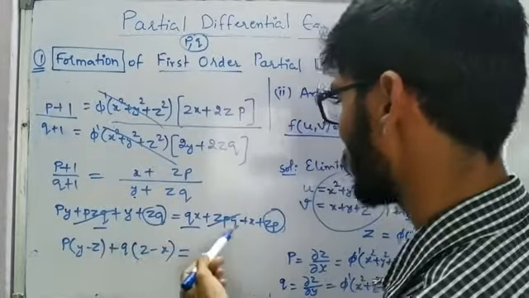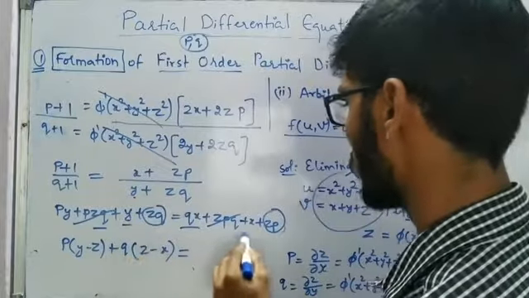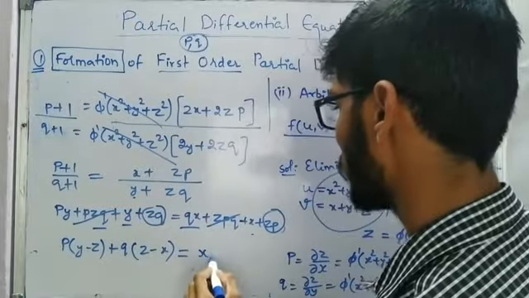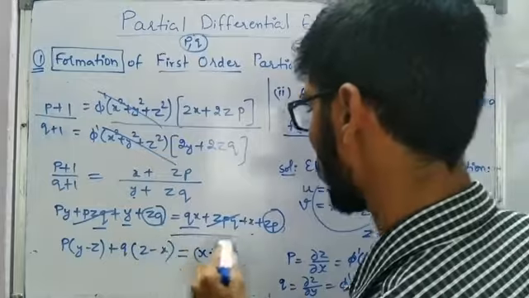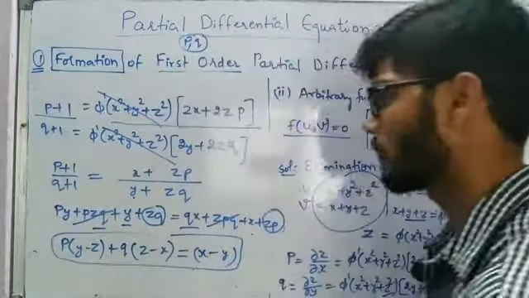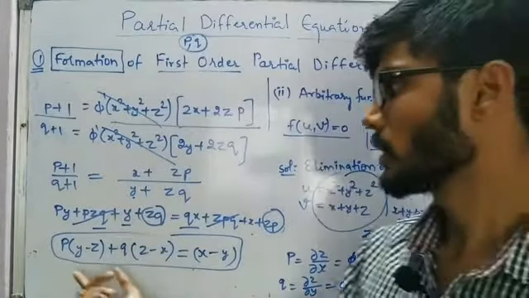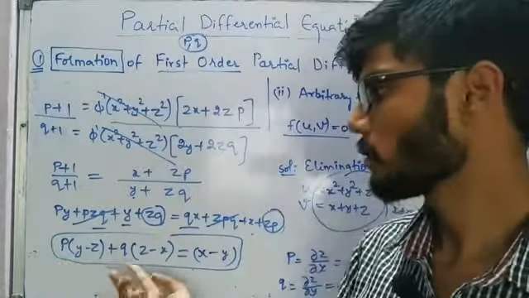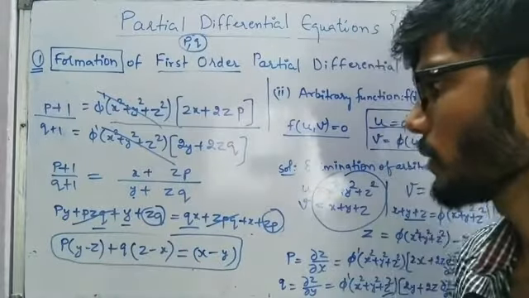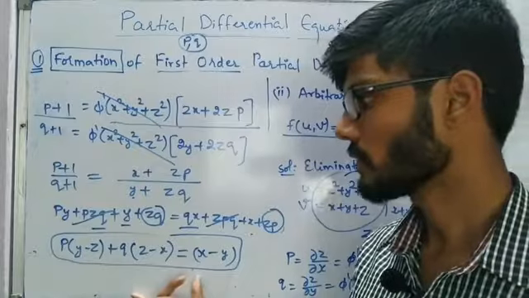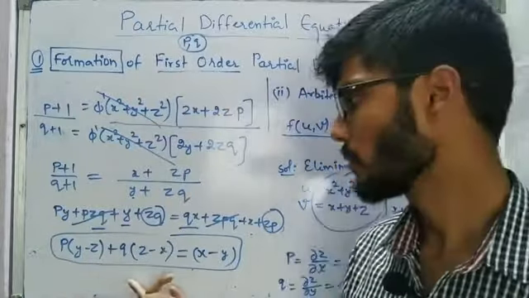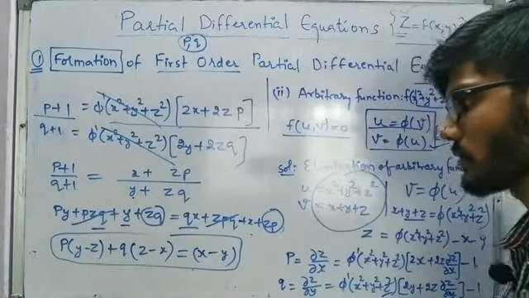And pzq and zpq will get cancelled, and we have y and x, so this will be written on the right hand side as x minus y. So this is going to be our partial differential equation of first order. We can put p and q back as dou z by dou x and dou z by dou y. So we have the partial differential equation p into y minus z plus q into z minus x is equal to x minus y.